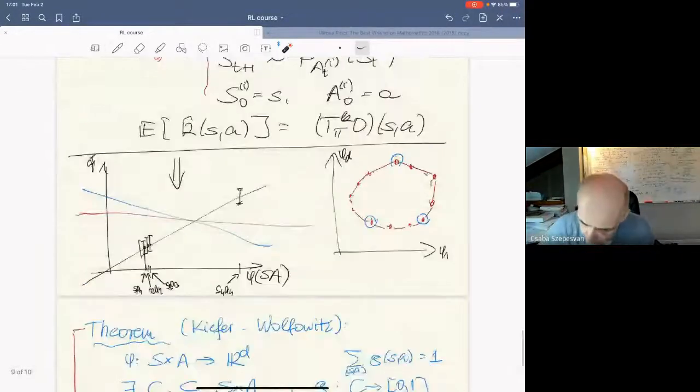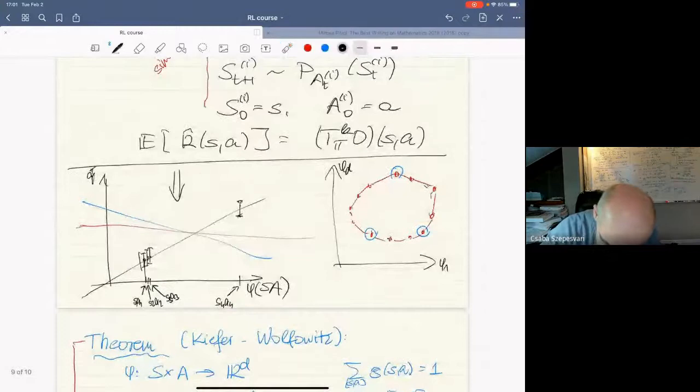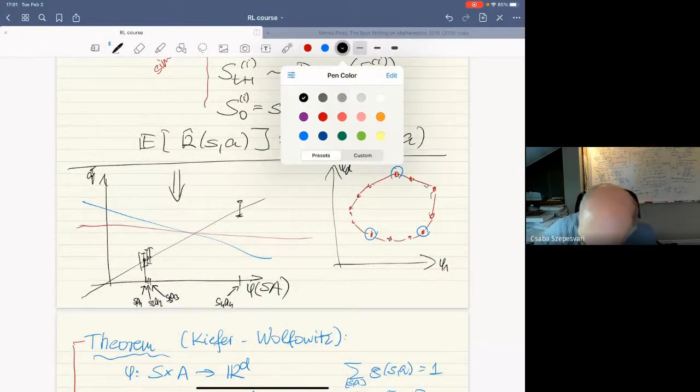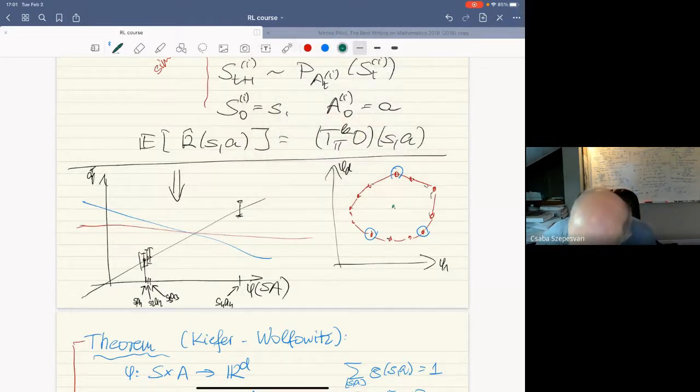Here, we go back to this picture. Maybe the bad guys are green. They all live there.